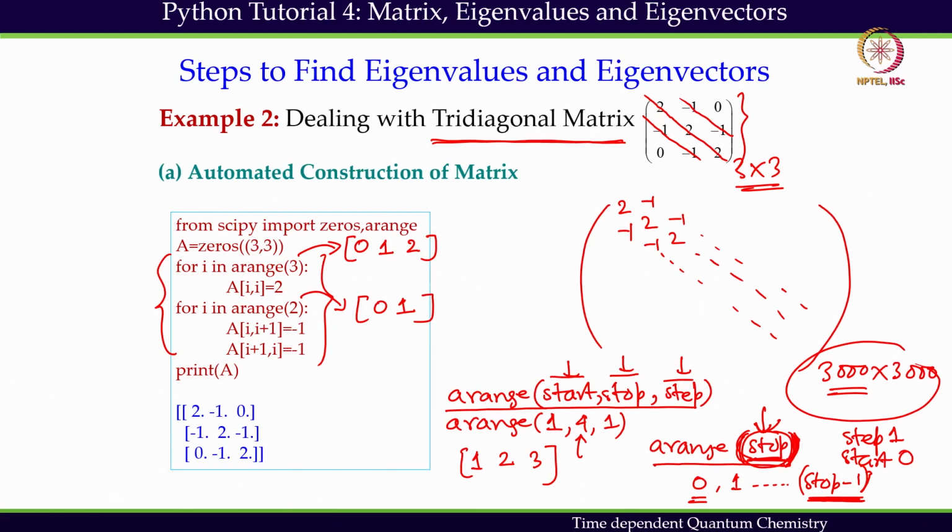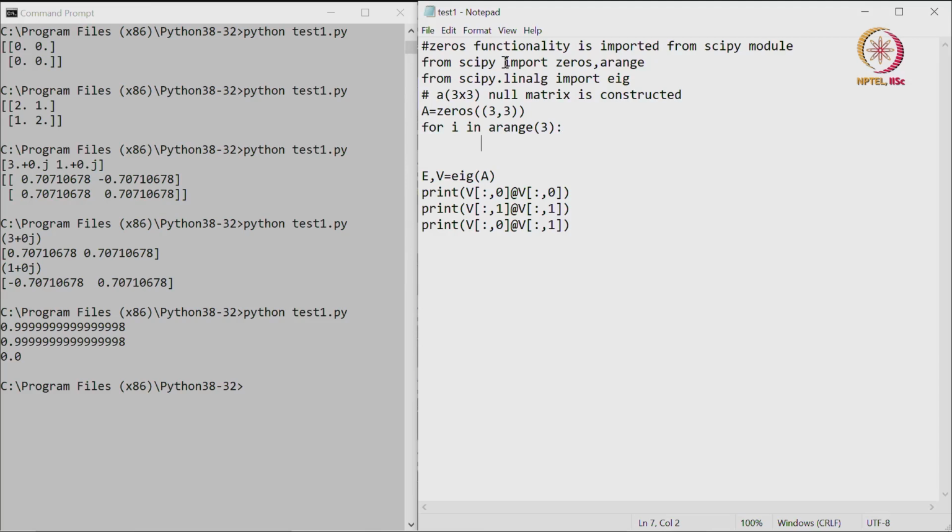So, we have for i in arange 3, I have to specify now A[i, i]. So, what I am going to do right now, diagonal elements I am specifying, and I know that diagonal elements is going to be A_ii, that is 2 always.